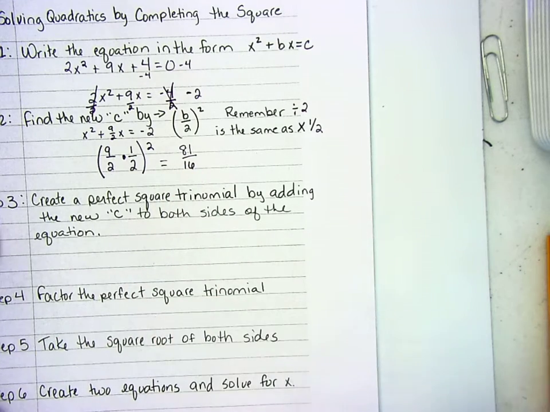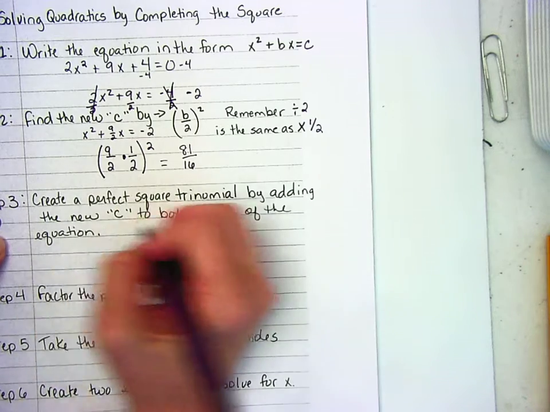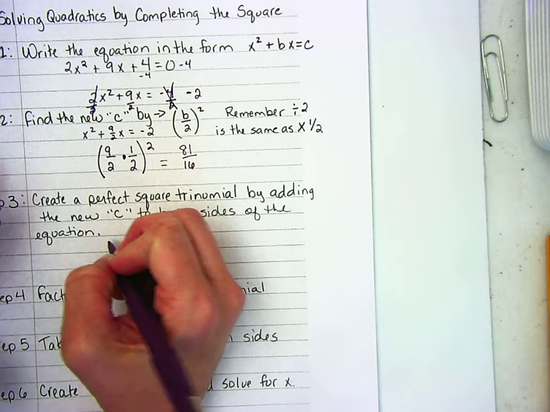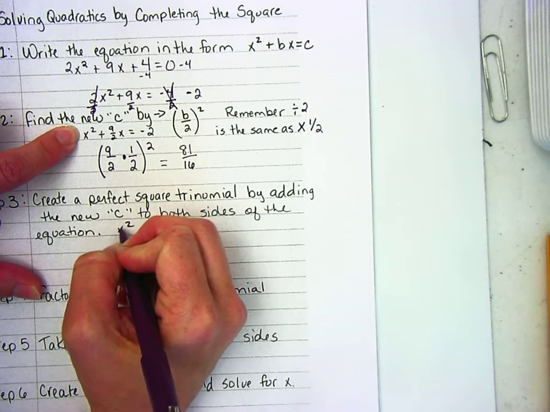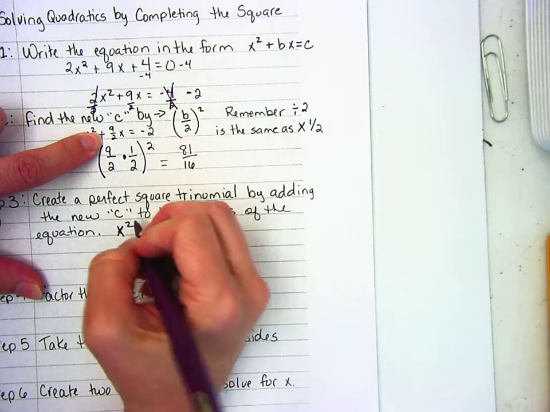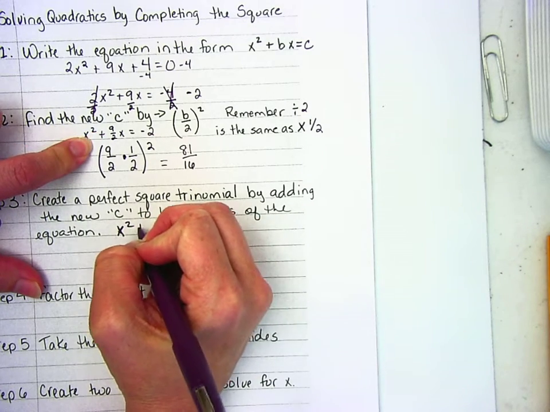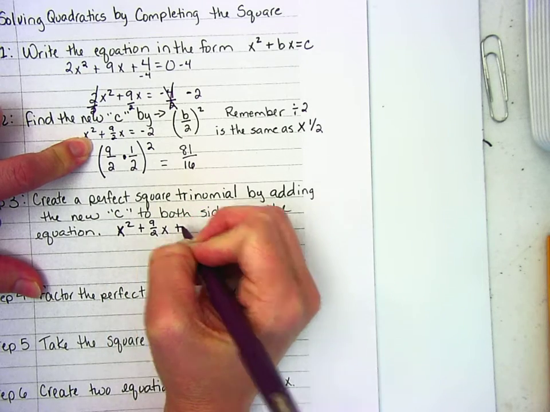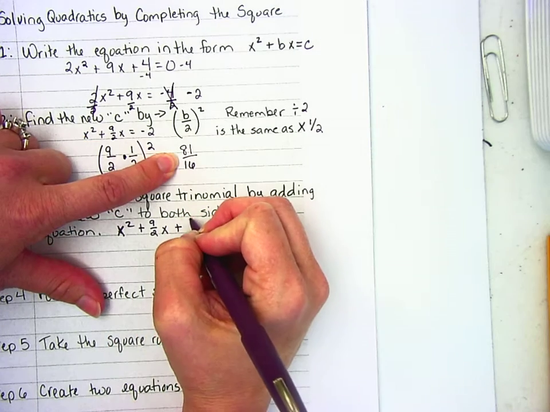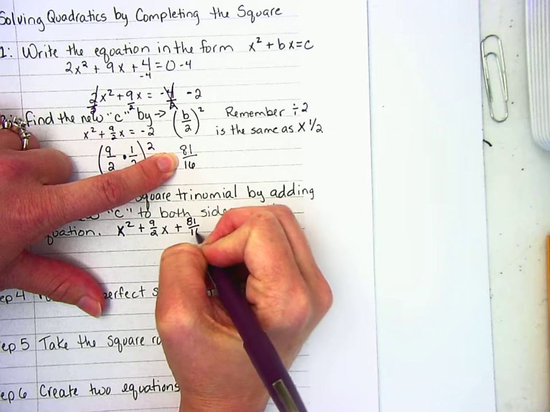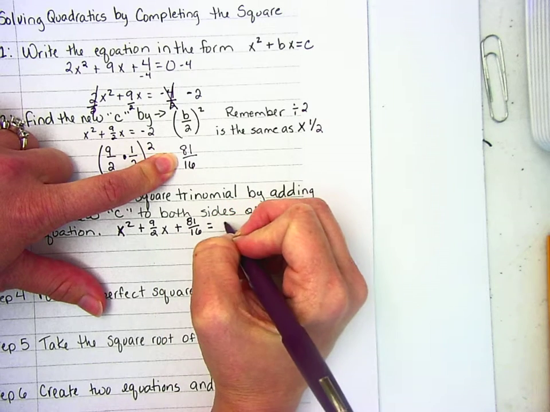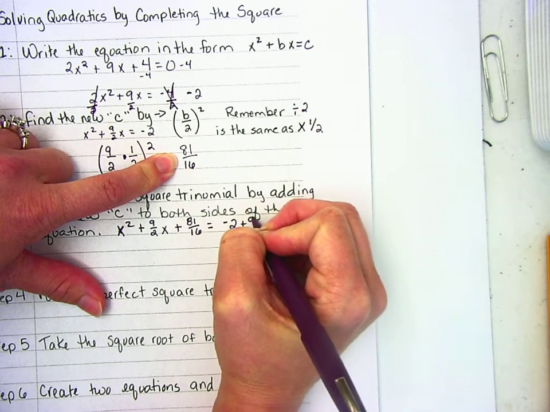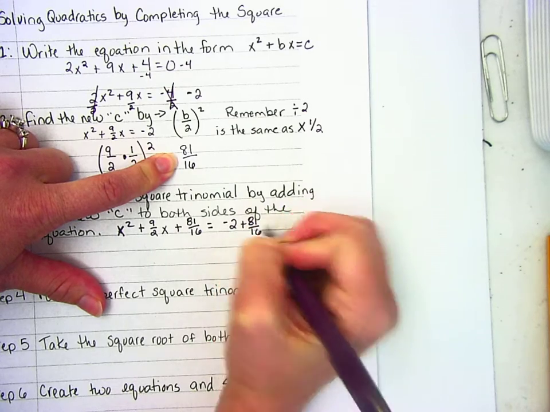Okay, so now let me rewrite my equation. I have x squared, my bx is 9 over 2x, plus 81 over 16 equals, I have negative 2 plus 81 over 16.